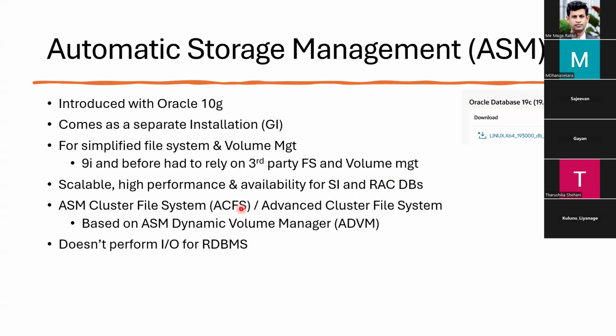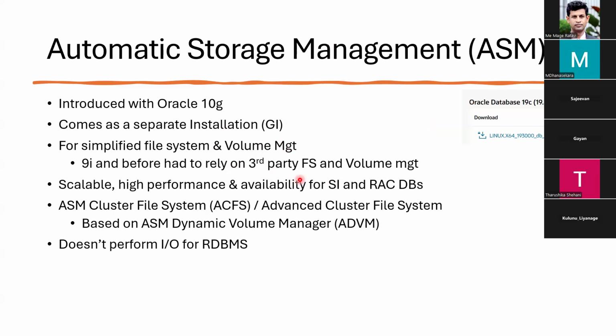Now, the other thing was, it was very scalable. Scalable is basically where you have the freedom of expanding the storage on demand, right? For ASM, it's just a matter of introducing a new disk to the storage, and ASM will configure that as a part of the storage pool.